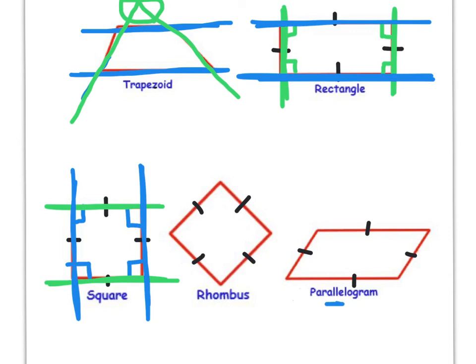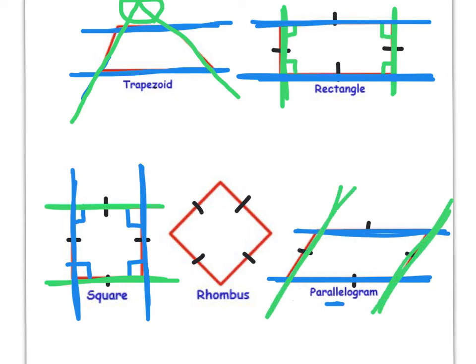However, it doesn't have any right angles. Each one of these angles, they're not right. So a parallelogram, even though it's 4-sided and it does have 2 pairs of parallel sides, here's 1 pair. The blue lines will run side by side and never intersect. And the green lines will run side by side and never intersect. It doesn't have any right angles.